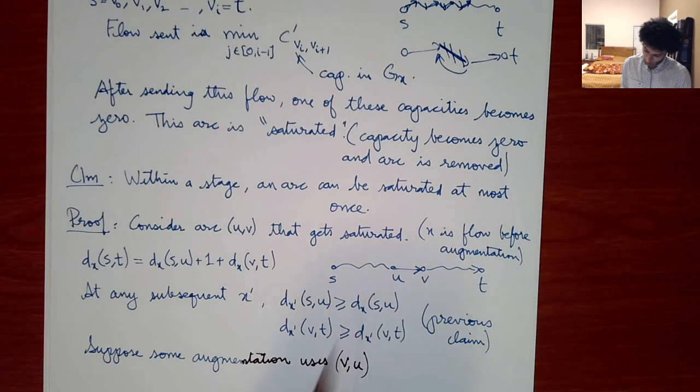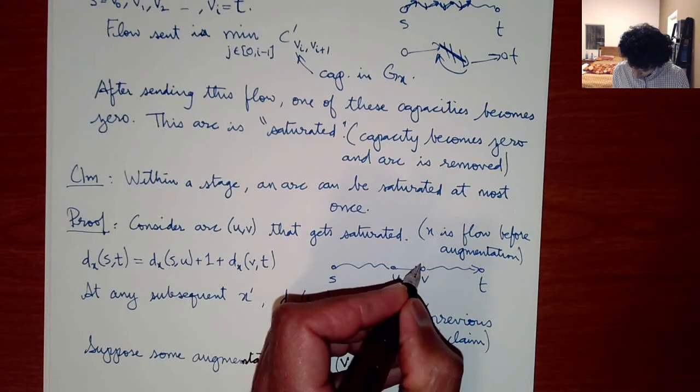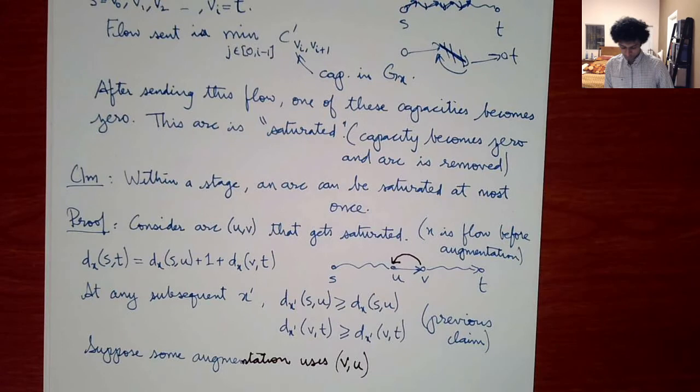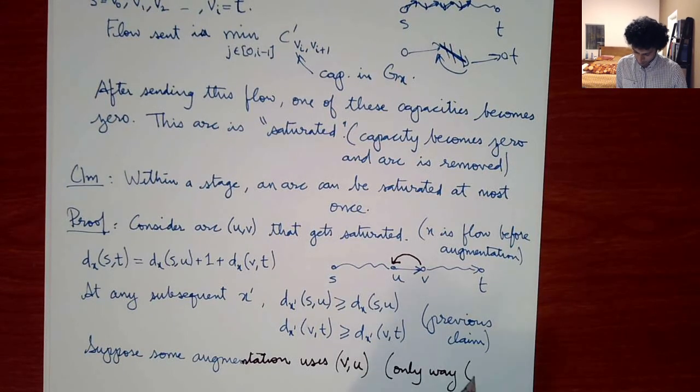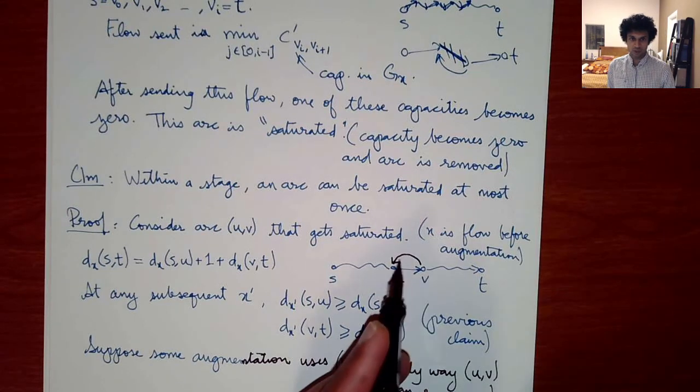So consider an arc that got saturated. Once it gets saturated, this back edge is going to form. The only way that UV can reappear is if some augmentation uses VU.